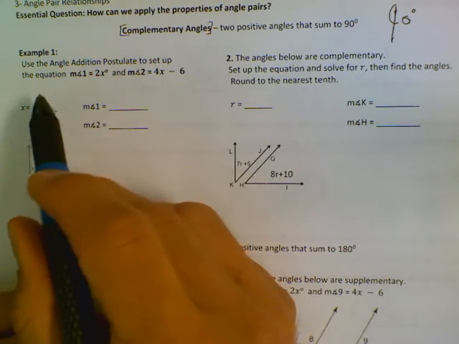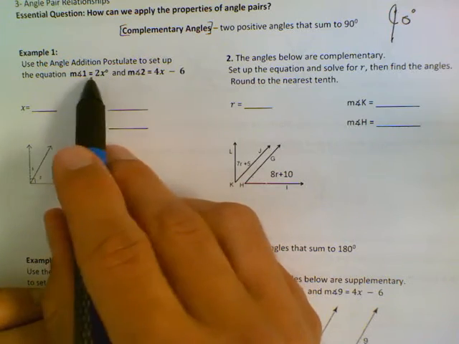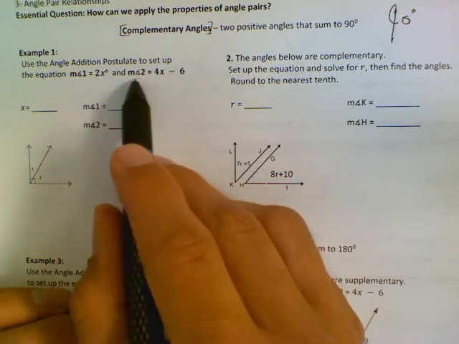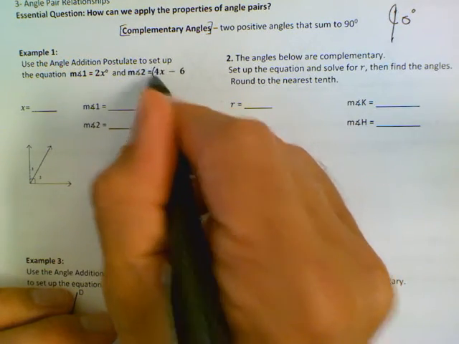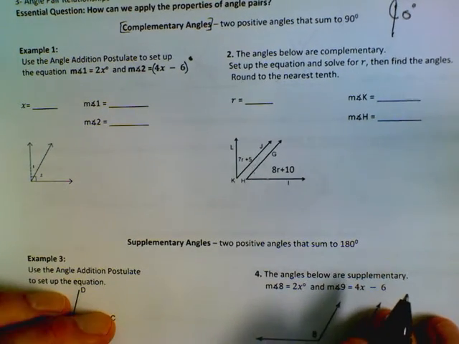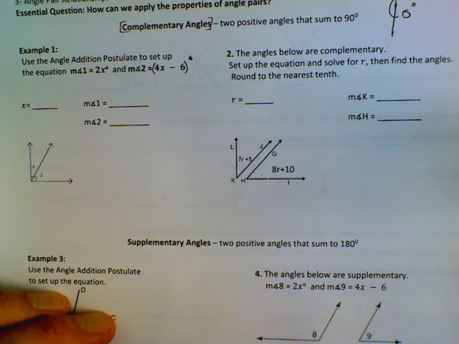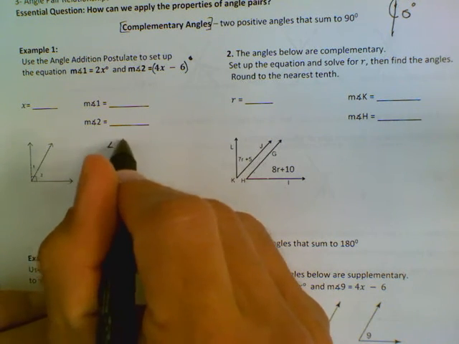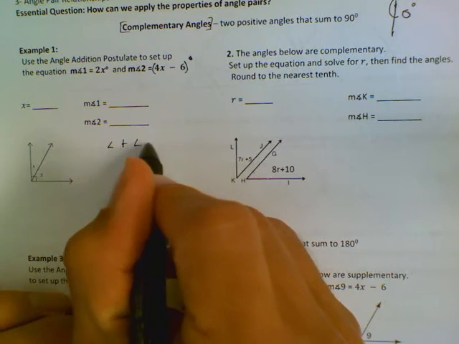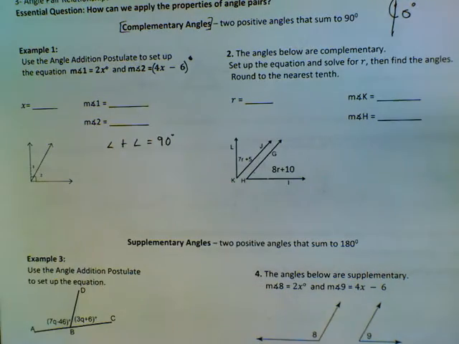So we'll do this example on the left. It says that angle 1 is measuring 2x degrees and angle 2 is measuring 4x minus 6 degrees. All right? So if they are complementary, then that means that they add up to 90 degrees. There will be a formula on the wall that says complementary somewhere up there.